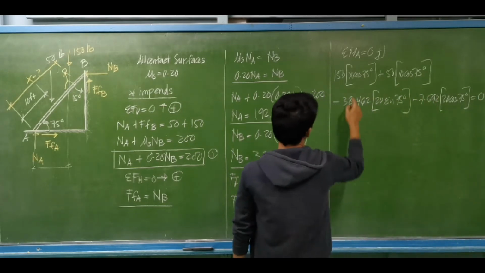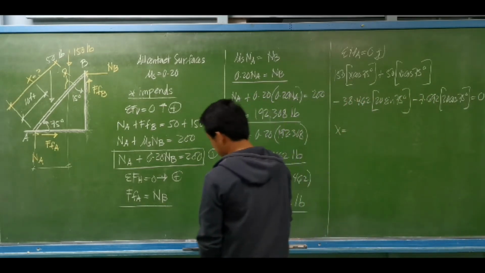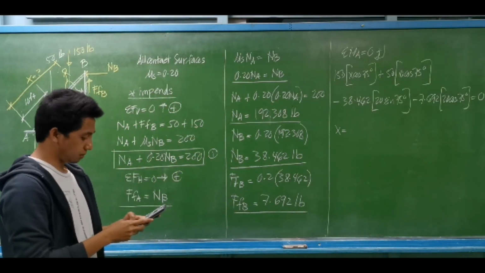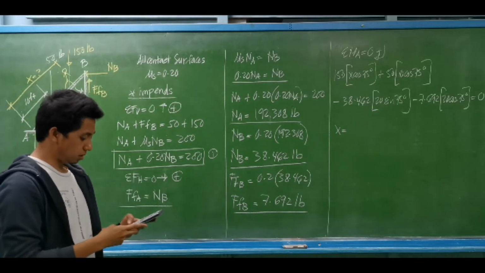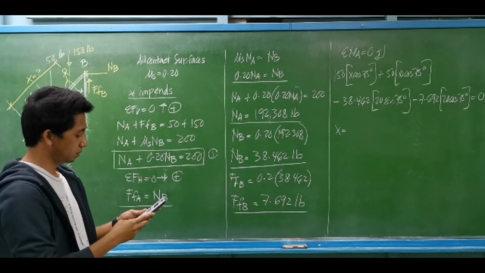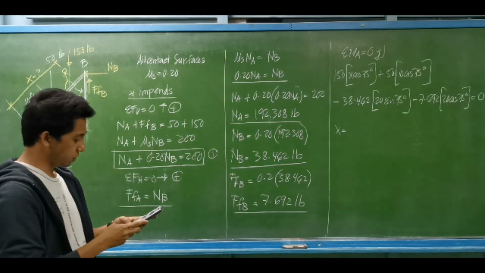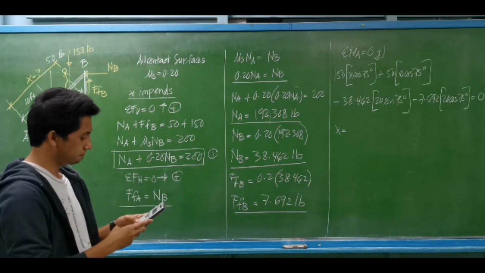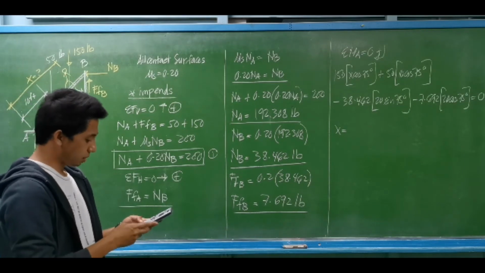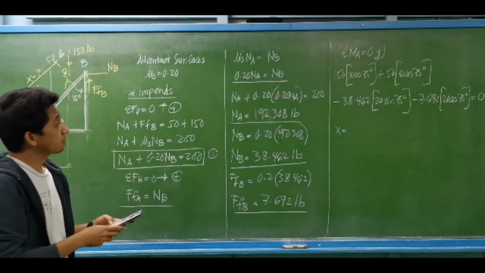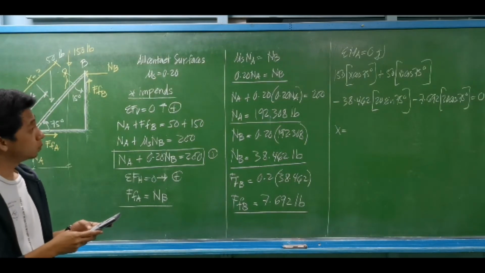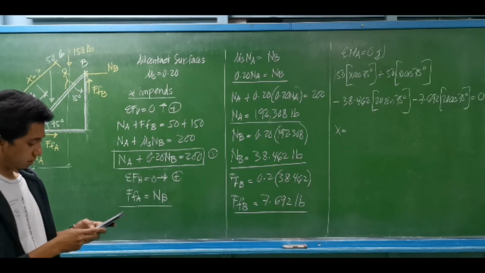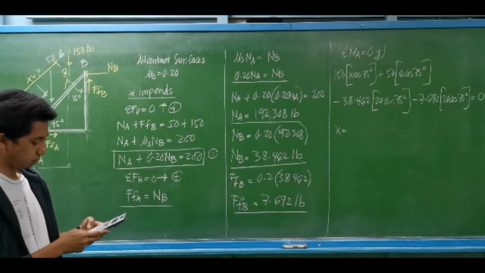So let us compute for the value of x. So this is the same as 50 times 10 cosine 75, minus 38.462 times 20 sine 75, then minus 7.692 times 20 cosine 75.